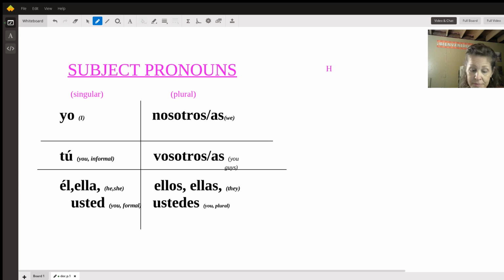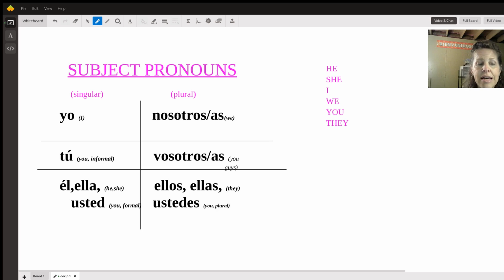It's he, she, I, we, you, and they. So even when we get down to ustedes, which is for addressing more than one you, really in English, all we have is the pronoun you. Now, it is similar to the way in English we might say all of you, but it really is just you.